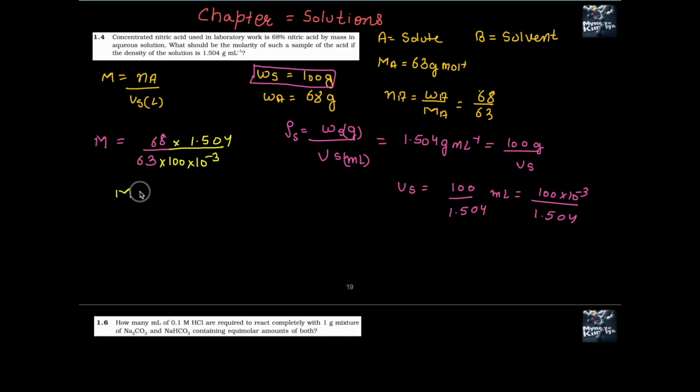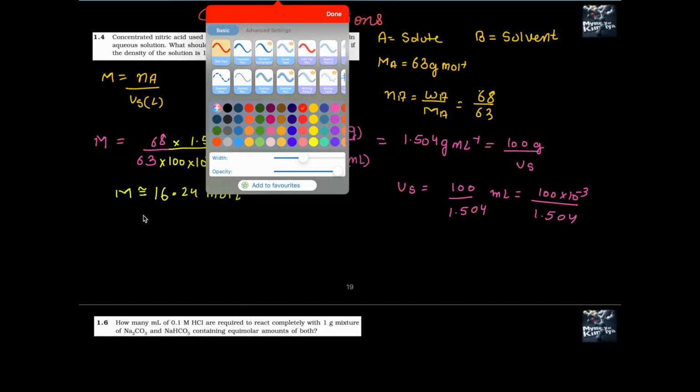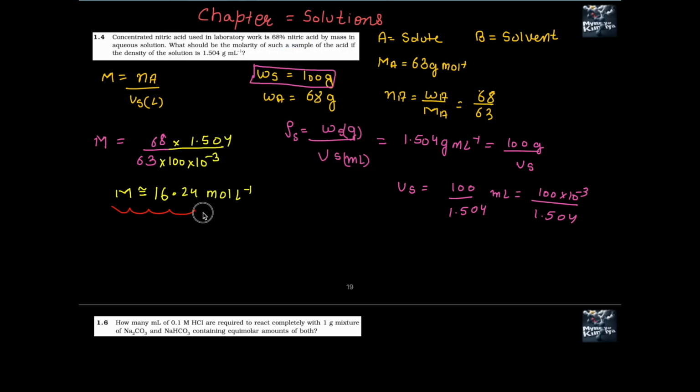On solving it, you will get the molarity, which is approximately equal to 16.24 mole per liter. Okay, so this would be our answer. This molarity is around 16.24 mole per liter.